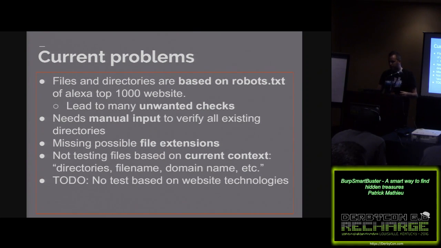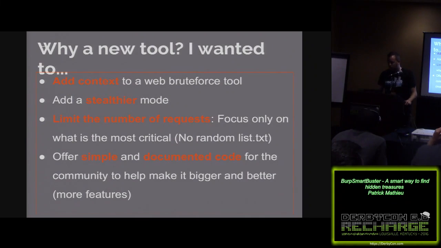It's not checking the file names, the directories, the domain name, etc. And another one, which is on my to-do list, is that it's not checking the technology of the website you're looking at. If you want to test a website which is PHP, why would you look for ASP files, right?